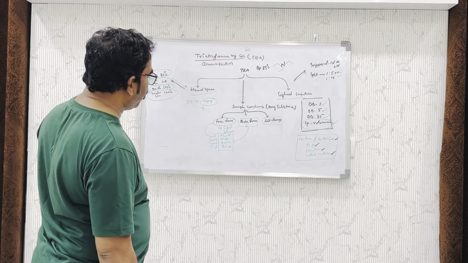For example, this is the MDC peak, this is triethylamine. When we spike the sample with triethylamine, that peak will not elute or it will elute with very low response. To improve the recovery, we need to go for the extraction technique.